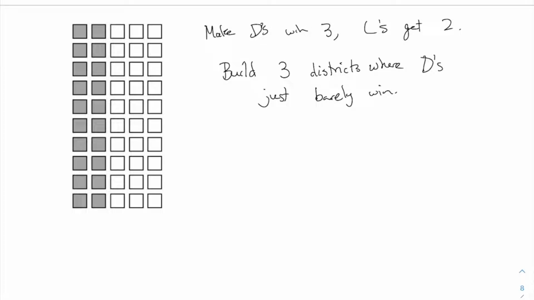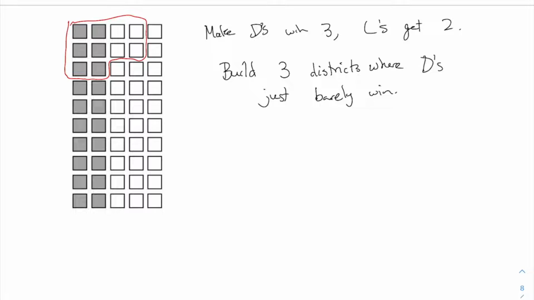That means I'm going to use 6 dark squares in those districts. So maybe I will take just the 6 in the upper left corner, and then just to make it a whole district, I'll add in 4 white ones. All right? So there's one district that the D's will win. I picked up 6 of the darks, and I had to add in 4 light ones just to make it a full district of 10.